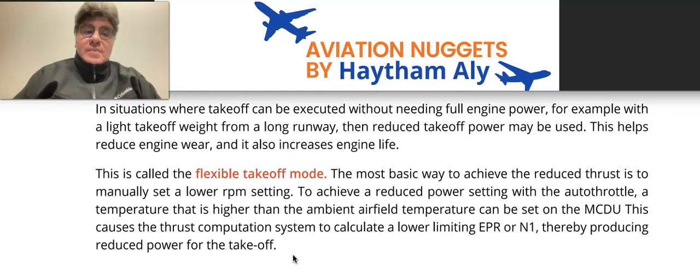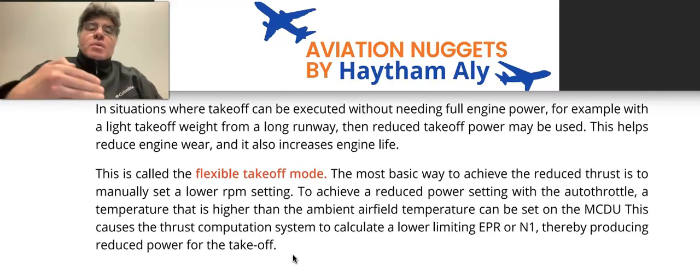Okay, everybody? For example, in Airbus, we have detents in the forward segment of the throttle lever: idle, climb, maximum continuous thrust or flex takeoff, and TOGA. So flex takeoff is less engine power than TOGA mode. TOGA is takeoff or go-around. Flex is a reduced engine power.